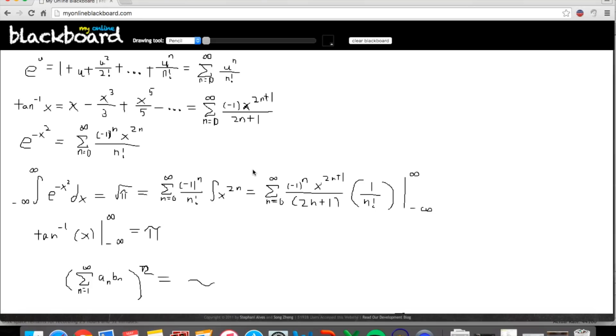It's a double summation, and that identity kind of messes with the whole thing. So I recognize that this isn't something that can be expressed in elementary functions, but there's something with series that's connected here, and I want to know if there's a way of connecting the integral of e to the negative x squared with inverse tangent.